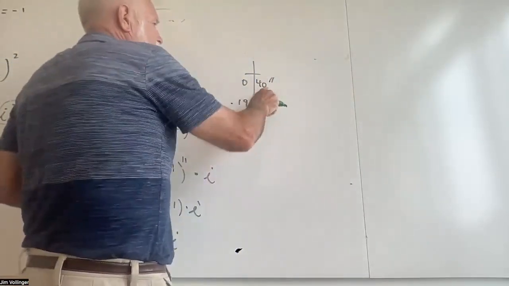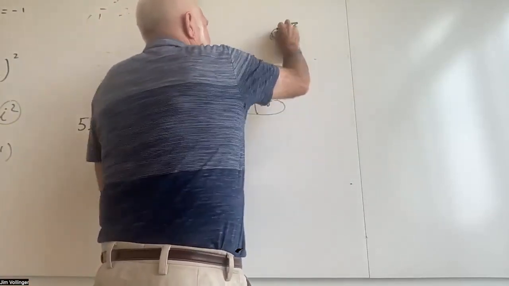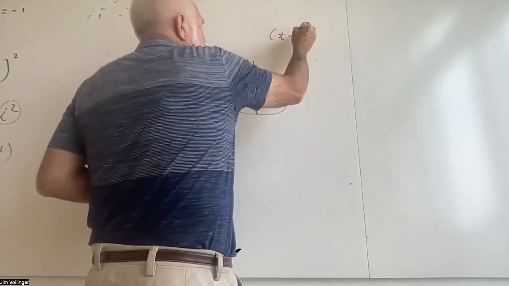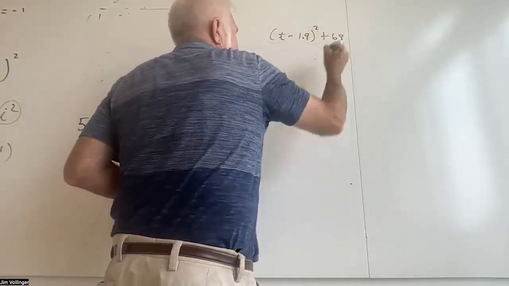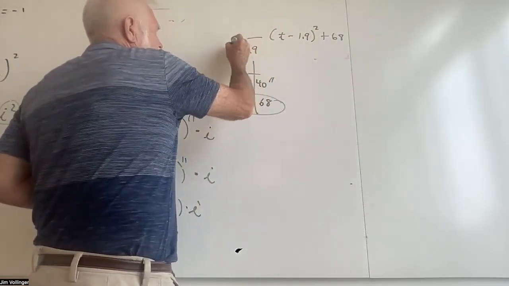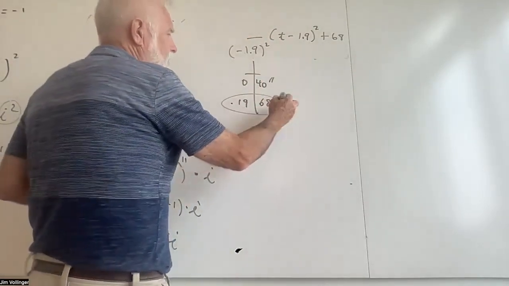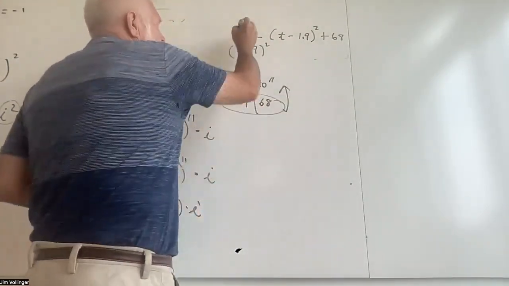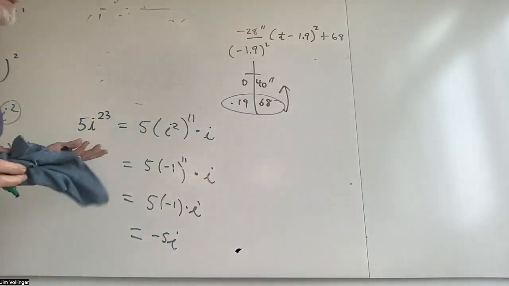I now know that I'm measuring from the vertex. So I'm measuring from, let's use t for time, (t minus 1.9) squared plus 68. And I'm throwing in a 0, so I'm getting negative 1.9 squared. That's how it's changed, and I've gone down, right? I'm measuring from there, down 28 inches. So I've got myself a quadratic.